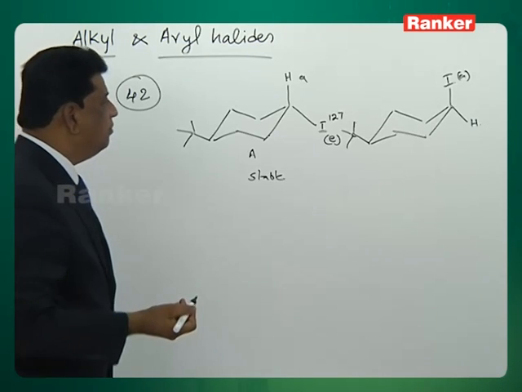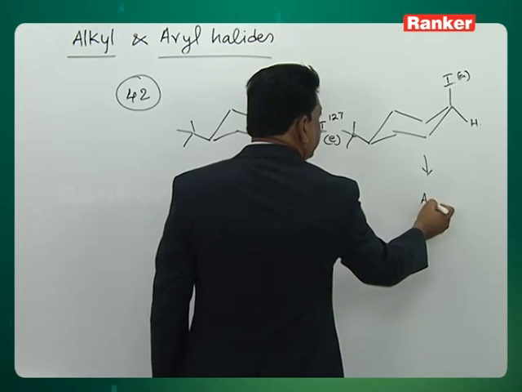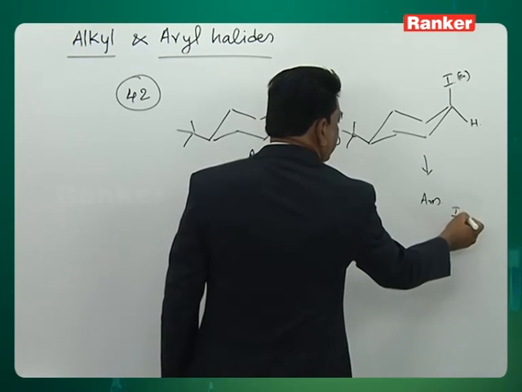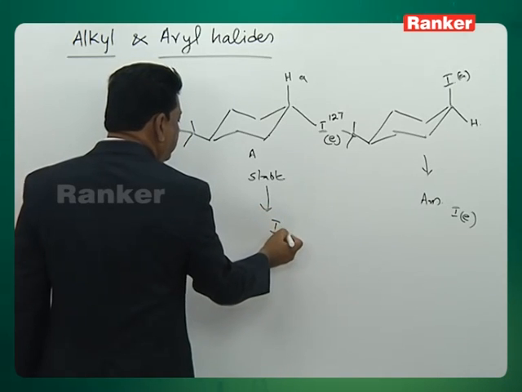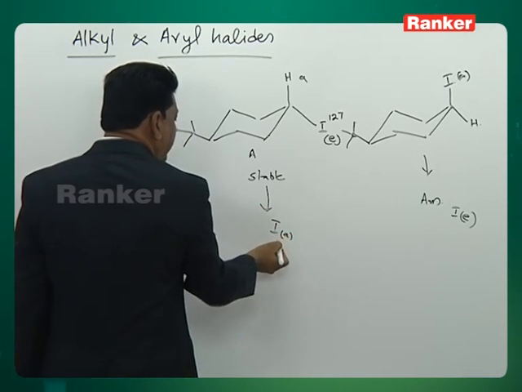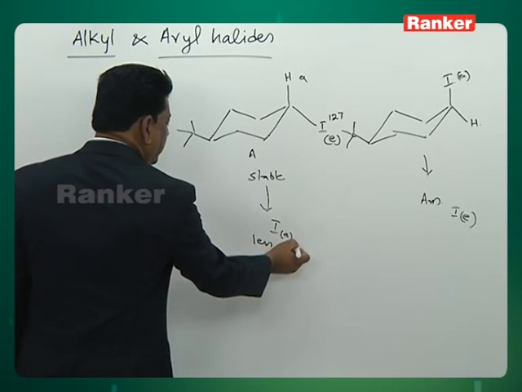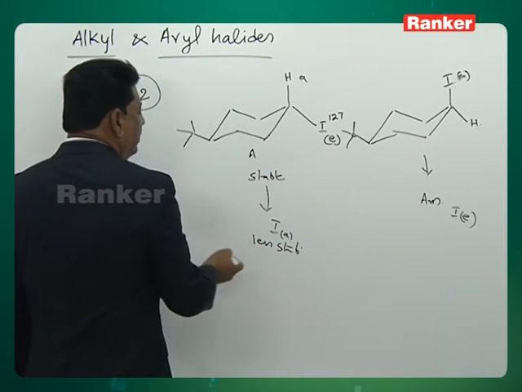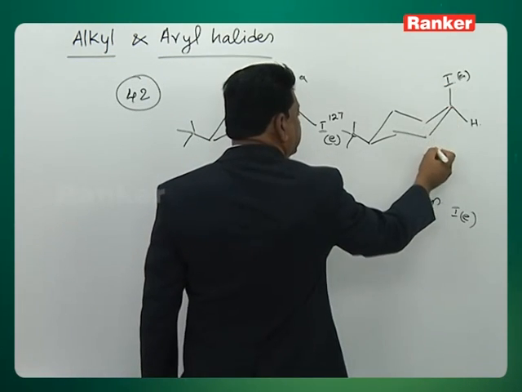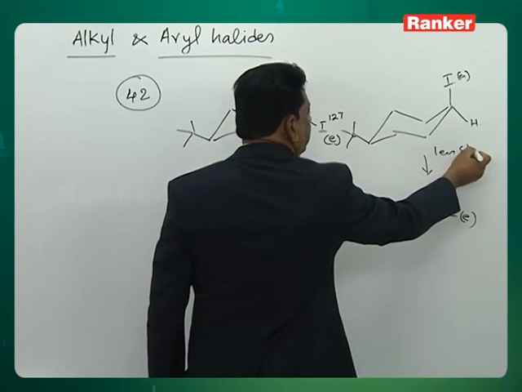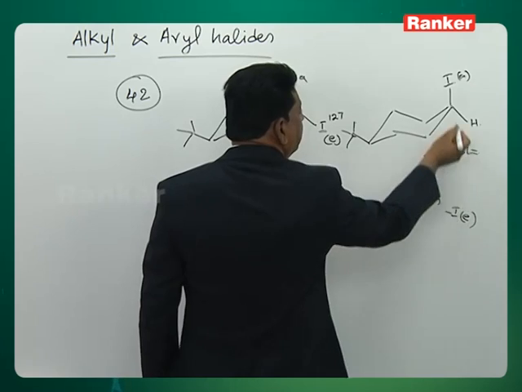After the reaction, in one the answer will have the iodine in the equatorial, and in the other the iodine comes into the axial, which is less stable, isn't it? Going from stable to unstable is not the favorable reaction. The less stable axial will react to give the more stable equatorial, that is the iodine will become equatorial.